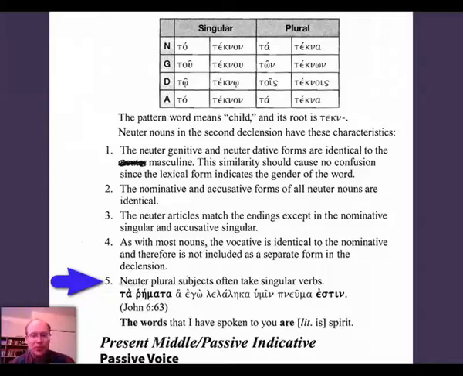I know what endings to put on the noun to indicate the of relationship, or he gave a book to a child, edoken biblion to tekno.